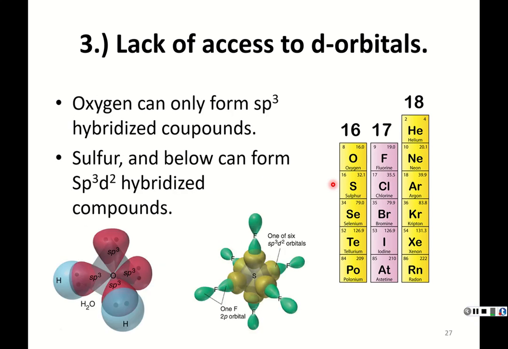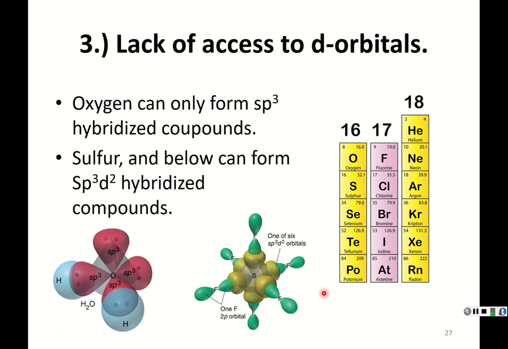An example of this is oxygen. Oxygen can only form tetrahedral compounds. It can only be hybridized as sp3. Sulfur can have expanded valence and have up to 6 fluorines or other atoms bonded to it, because it can access d atomic orbitals and hybridize to sp3d2.